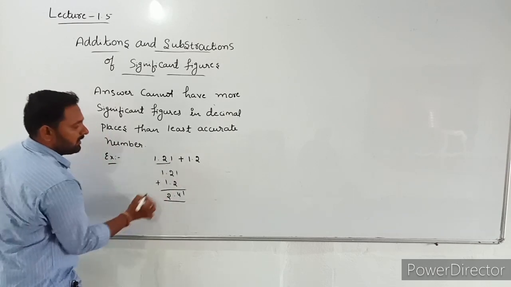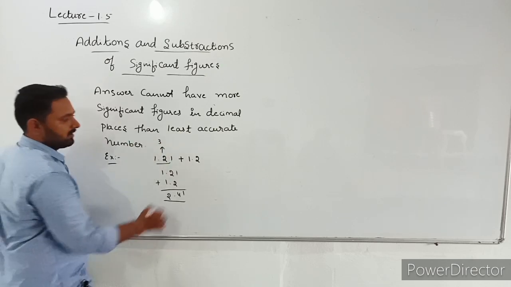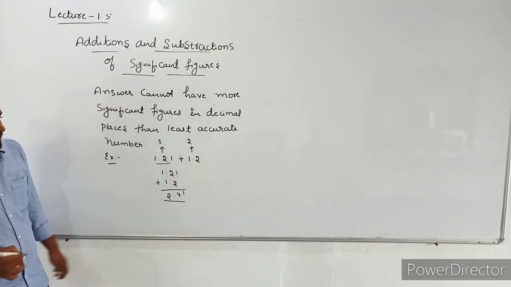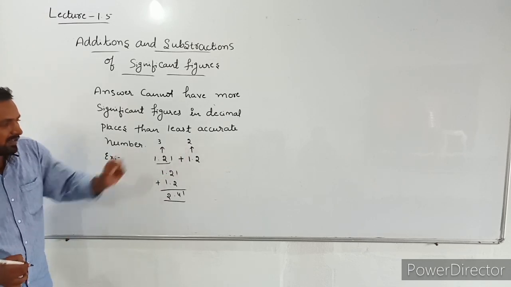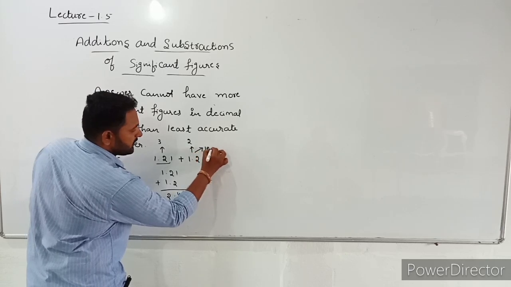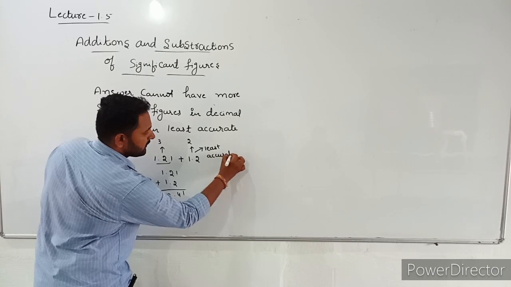In this number, there are 3 significant figures. In this number, there are only 2 significant figures. That's why it is the least accurate number.